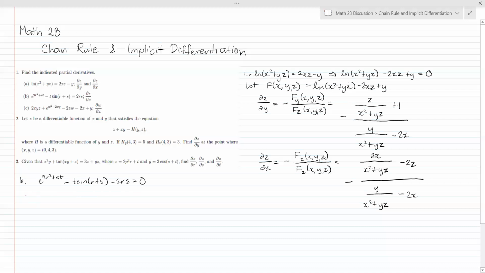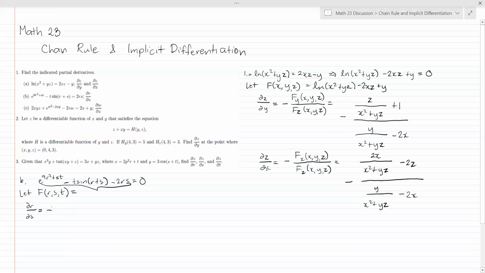So let's let this expression be f in terms of r, s, and t. So this equation, no? Expression. So pakisulat ulit ito dito. Ayan. Alright.